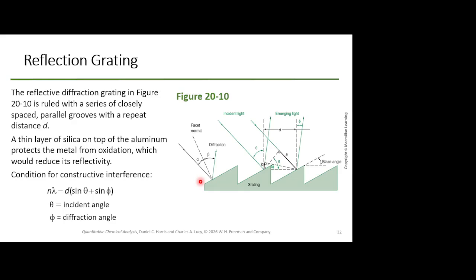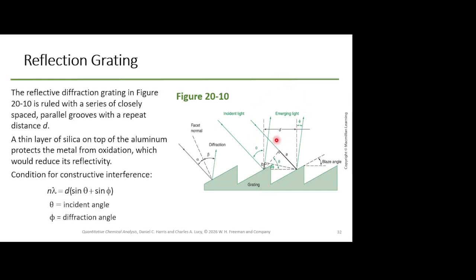And so this right here is actually the formula for this. This is the incident light right here. And then this right there is the angle that it should diffract off if it was perpendicular to the grating right here.